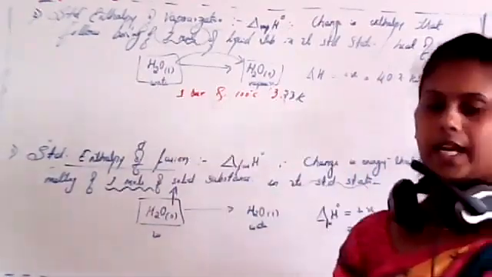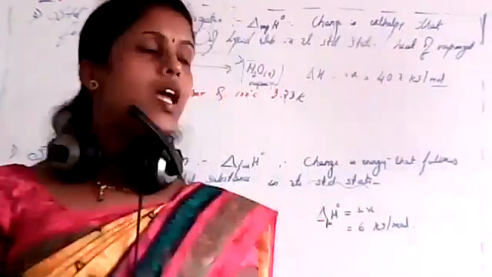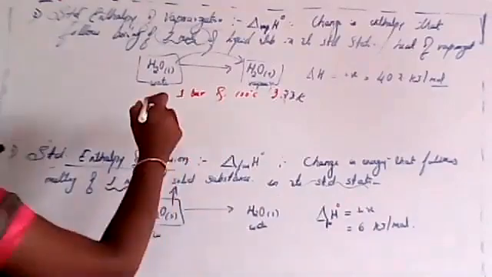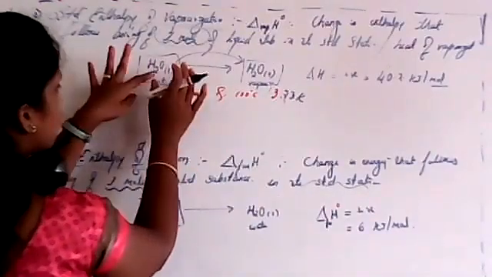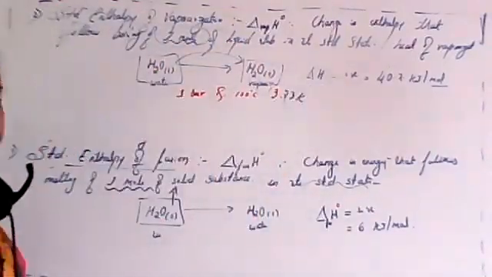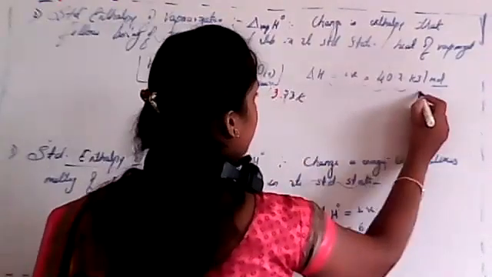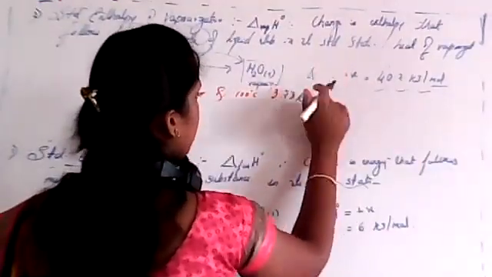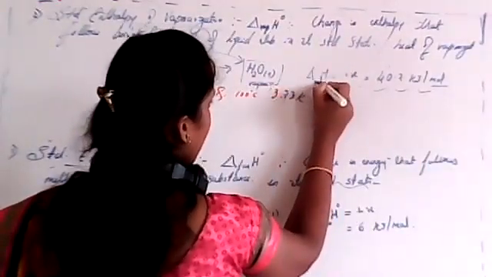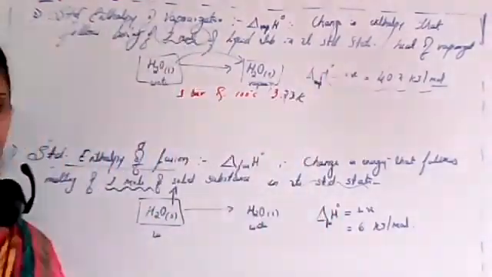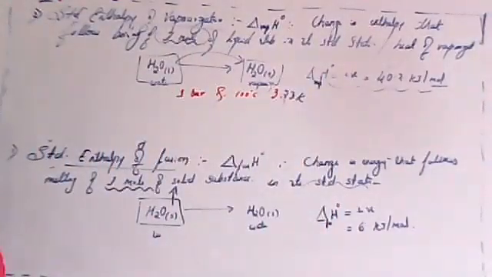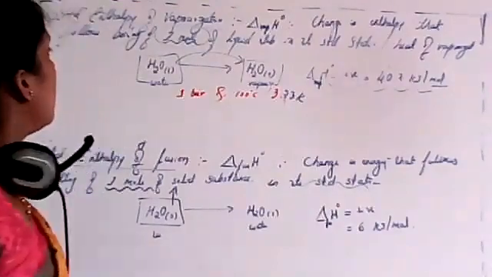That is nothing but 373 Kelvin and 1 bar pressure. So liquid water, H2O(l), is converted into vapors. That is the value of ΔH. Here we write it as ΔvapH naught, so that is nothing but standard enthalpy of vaporization.